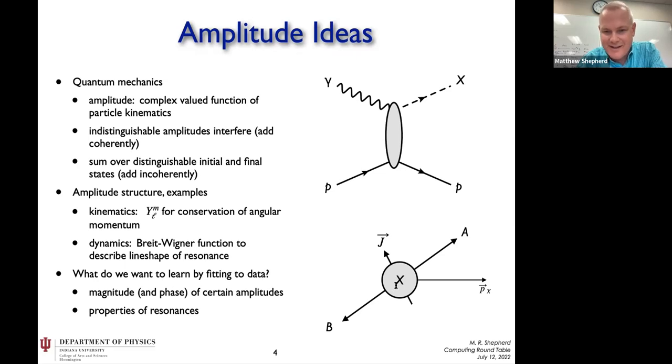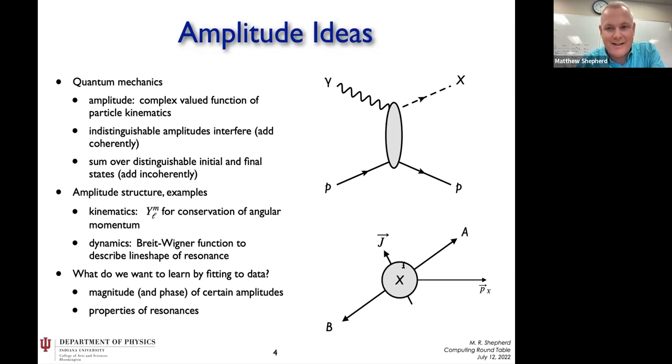I'll talk about some examples of such decays where these particles are the eta meson and the pi meson. The amplitudes themselves contain things that may be familiar to people with a physics background, these Y_lm functions that impose conservation of angular momentum. These are spherical harmonics. There are things like Breit-Wigner functions that describe the line shape of X, and so on.